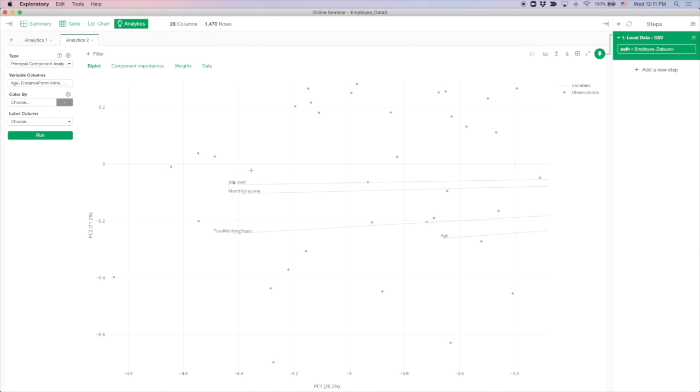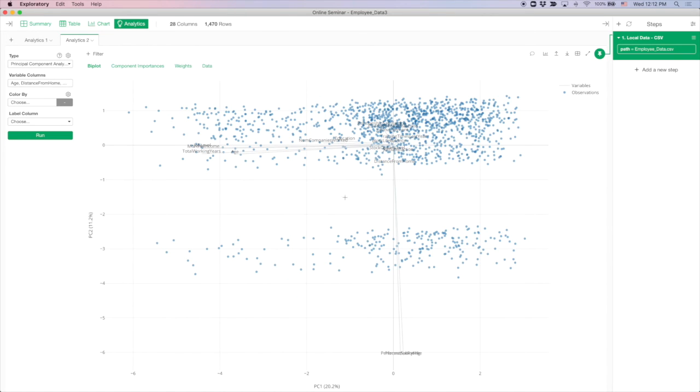This is a little hard to see, but job level, monthly income, total working years, and age, those four are pointing in the same direction. So that means these four are highly correlated to one another. More importantly, the x-axis is the direction of either higher salary or lower salary, or higher working years or lower working years, while the y-axis is represented by these two.